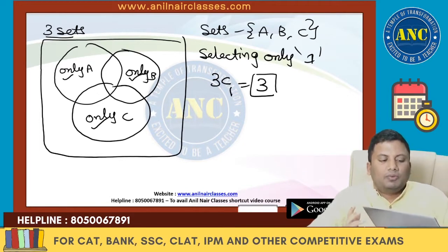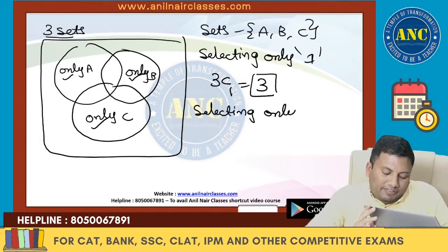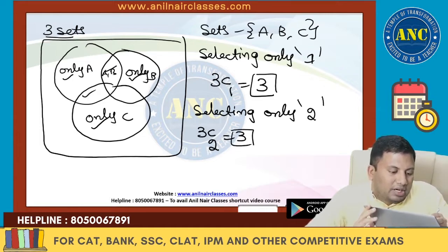Are you all with me? Right? Next one, I am selecting only 2, out of 3. 3C2 is nothing but 3. Again I will get 3 values. What are these 3? AB but not C, BC but not A, AC but not B. Right?